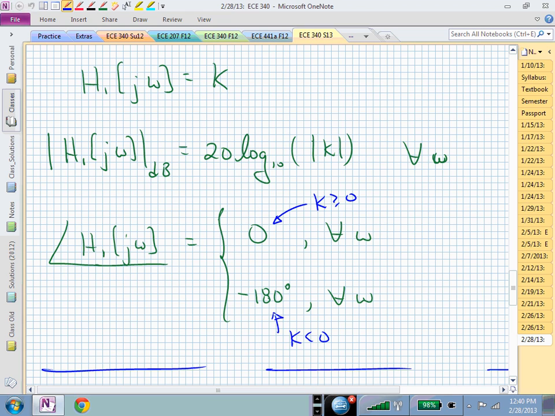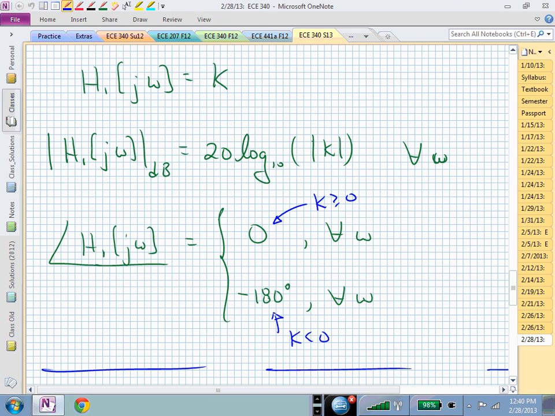If k is non-negative, then the angle is 0. You can think of that in terms of having a complex number k, and if it was simply a positive number, you would be on the positive real axis, and there's no angle between that and the origin.